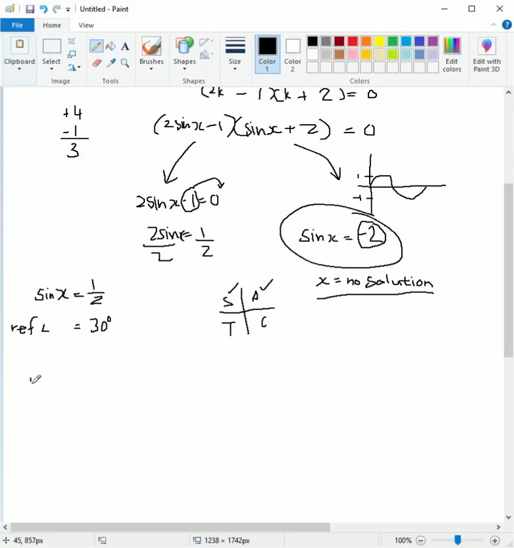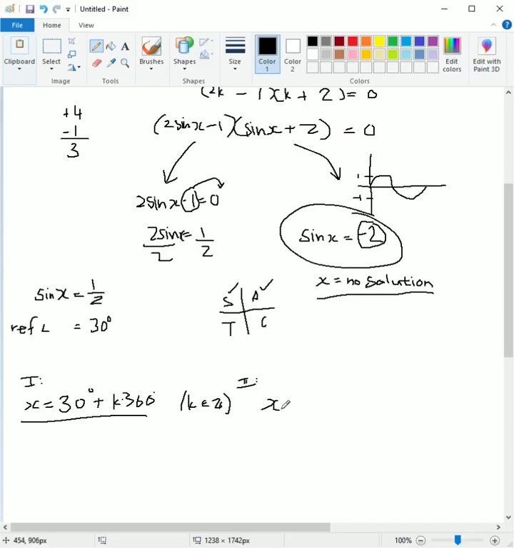We are in the first quadrant, so let's get the first quadrant solution, and then we're also going to be in our second quadrant. First quadrant, x is going to equal 30 degrees plus k times 360, and we need to say that k is an element of integers. That is done. There's no manipulation required here. That is the solution in that quadrant.